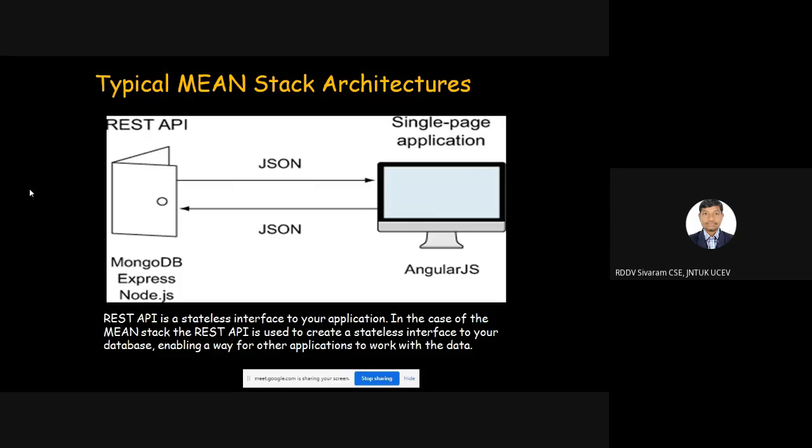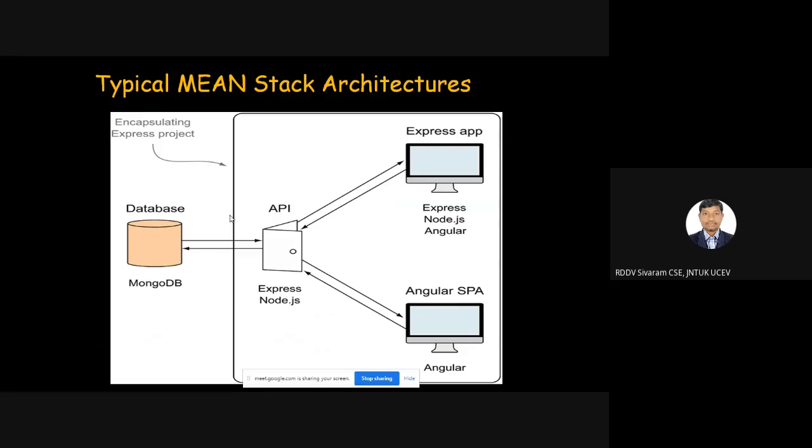Multiple applications can access the data through the REST API instead of having a different server for each application. We'll have a common REST API. The REST API will take care of fetching, updating, and deleting the data for multiple applications.